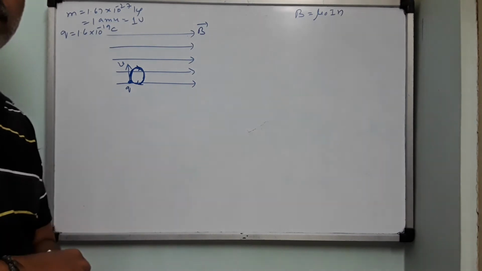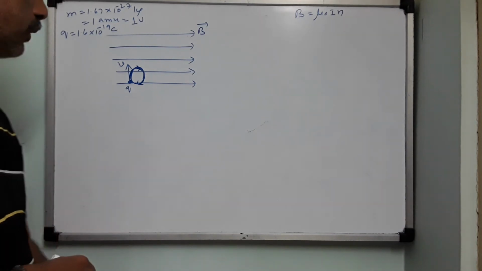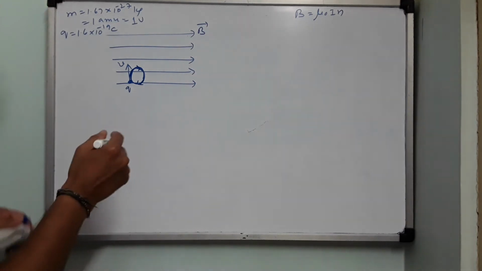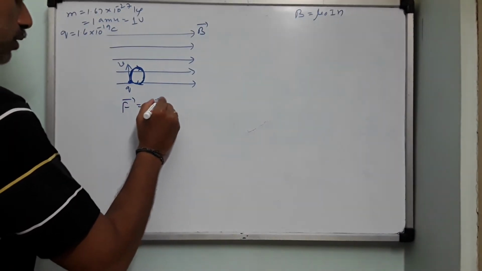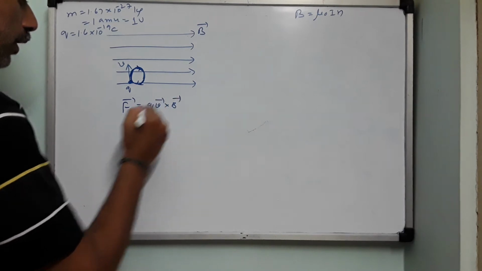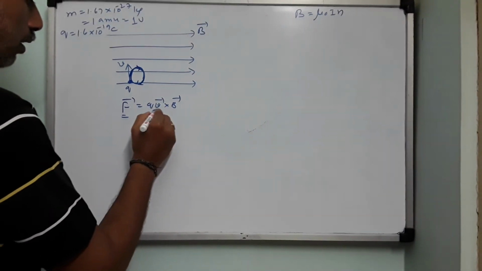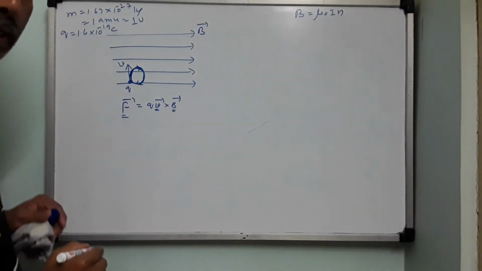This is a uniform circular motion because the equation tells you that F equals to QV cross B. So here 3 vectors are there: force vector, velocity vector and field vector.